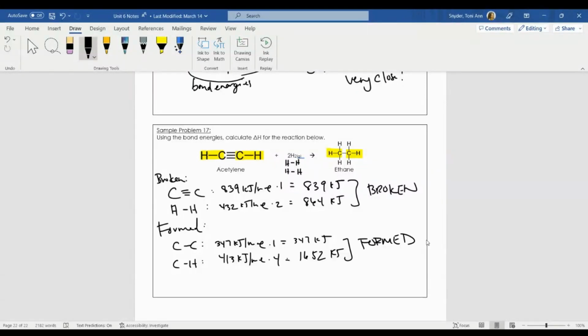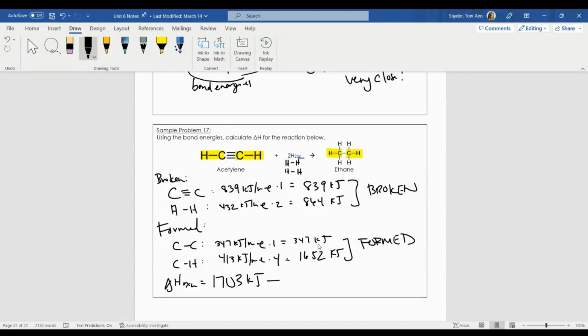In order to calculate the heat of reaction, my heat of reaction is equal to the bonds that are broken. If I add these together, 839 plus 864 gives me 1703 kilojoules, minus the bonds that are formed.